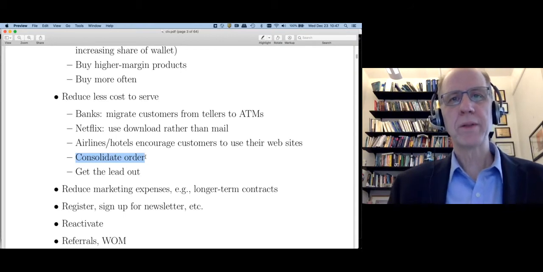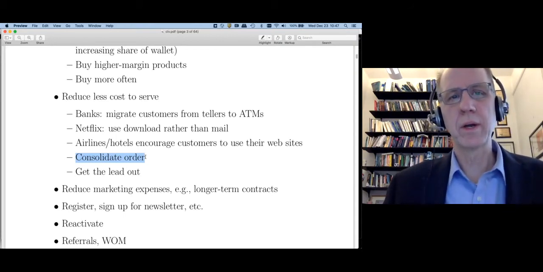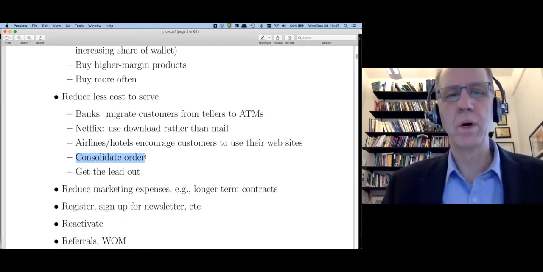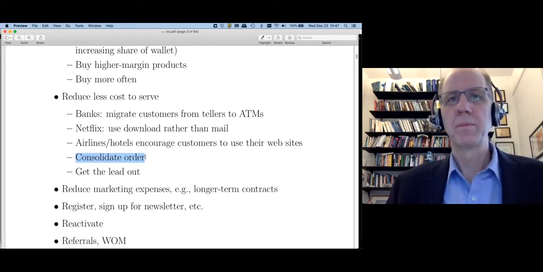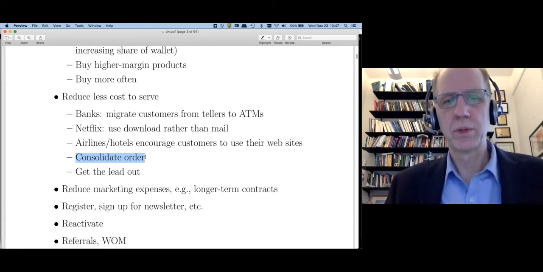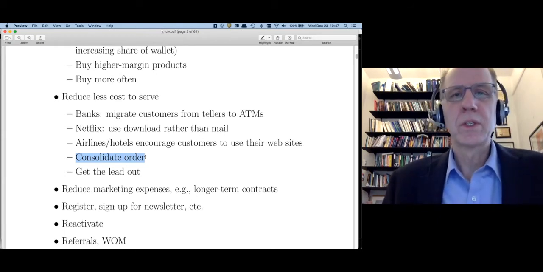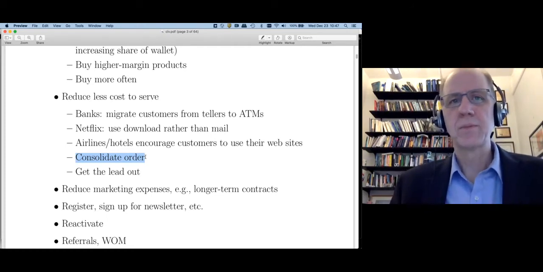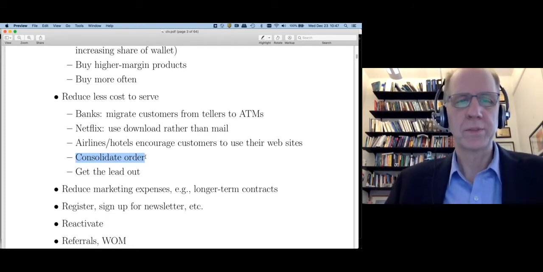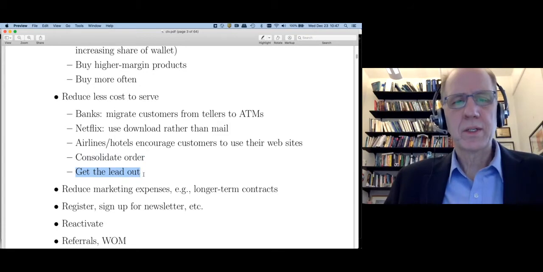So they'd much rather have me place a large order and get the delivery truck out once rather than placing multiple orders with small amounts. And so to make me more profitable, one thing this delivery service did was to incent customers to place larger order sizes.